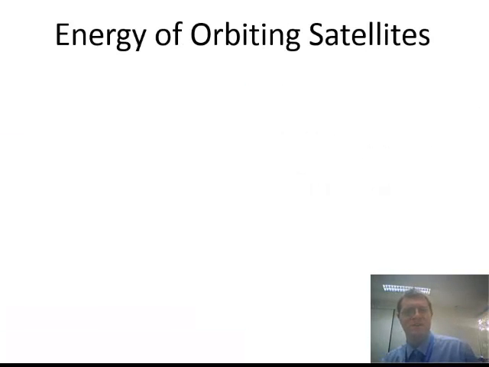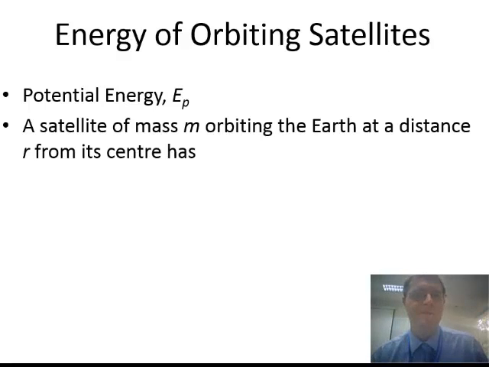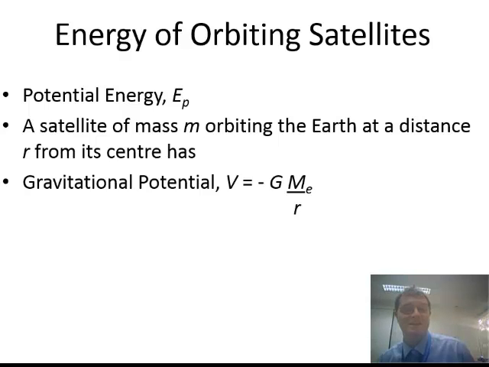If you think about the energy of orbiting satellites, we're going to start off thinking about the potential energy. This is something we know how to work out. If we have a satellite of mass m orbiting Earth at a distance of r from its center, it has gravitational potential energy.